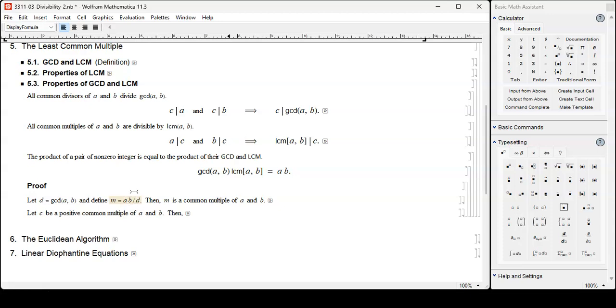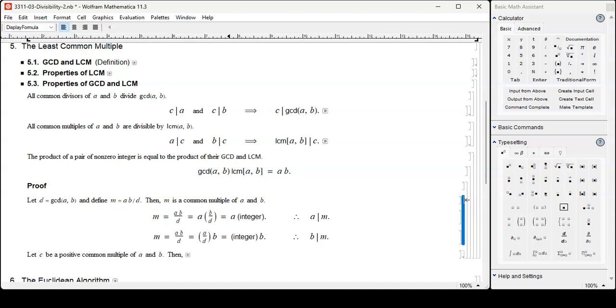First, this is an integer, right? B over D is an integer because D divides B. So this is A times an integer. So A divides this M.